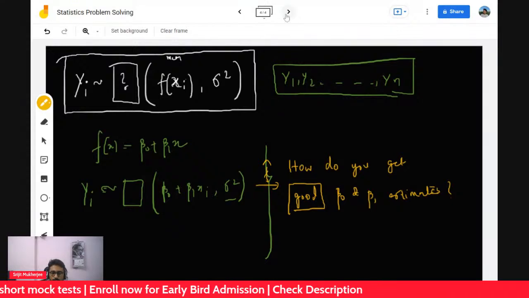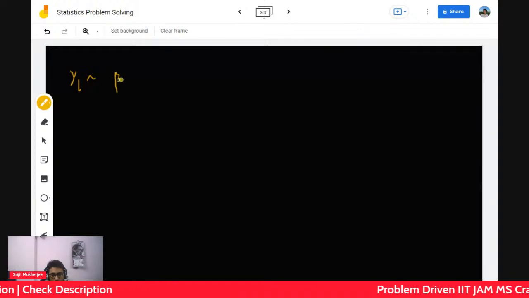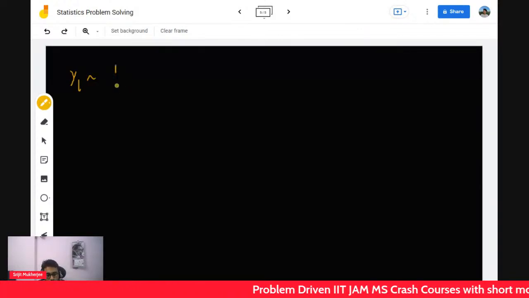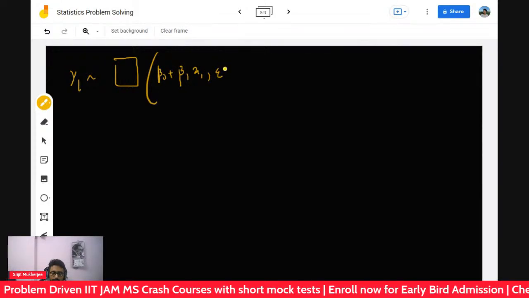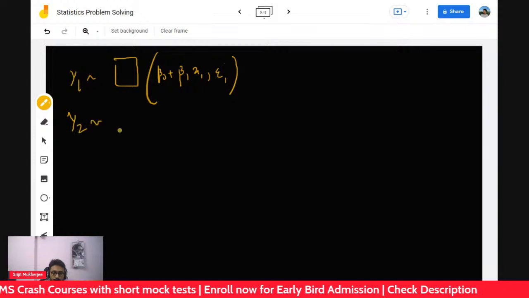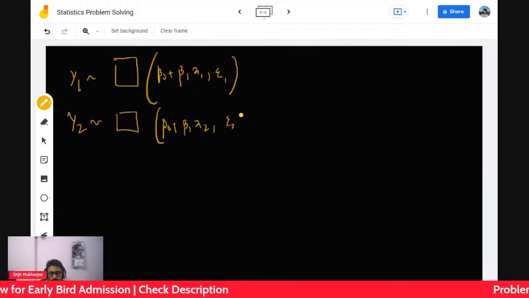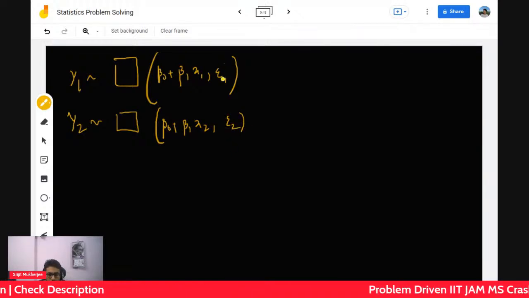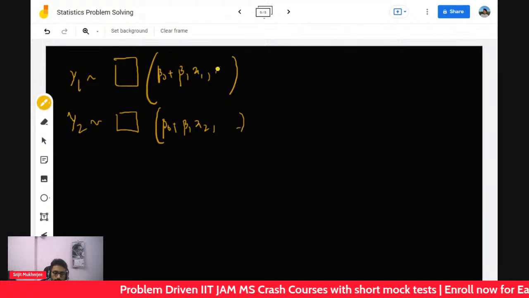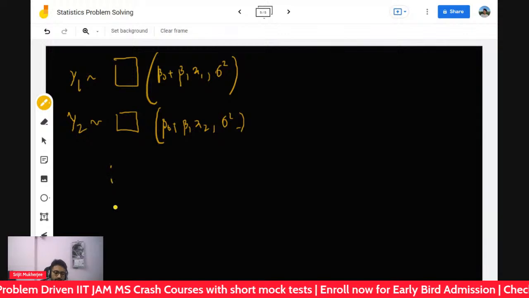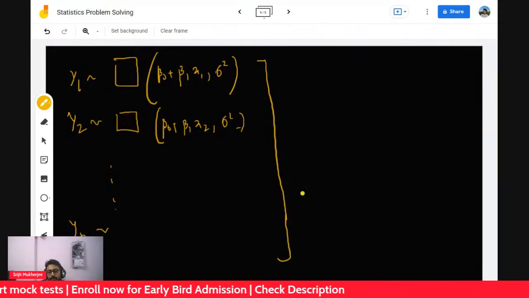Let me write it down again. y1 follows some distribution with mean beta naught plus beta 1 x1 and variance sigma square. y2 follows the same distribution with mean beta naught plus beta 1 x2 and sigma square. This continues till yn. The question is, how will you get a good estimate of beta naught hat and beta 1 hat?